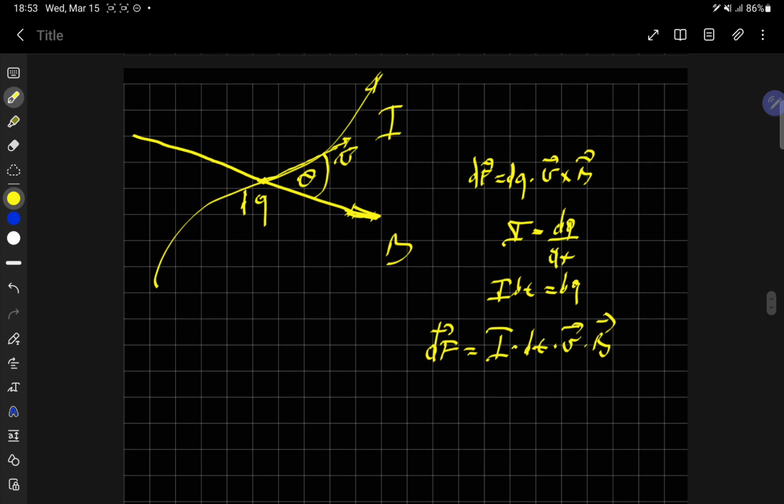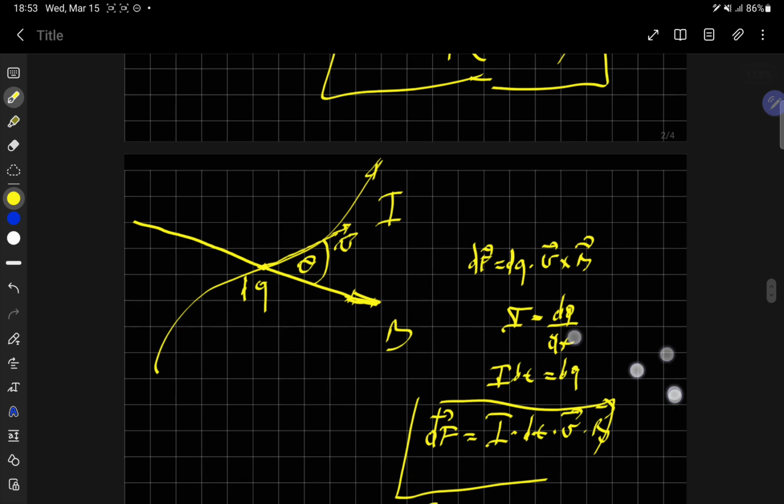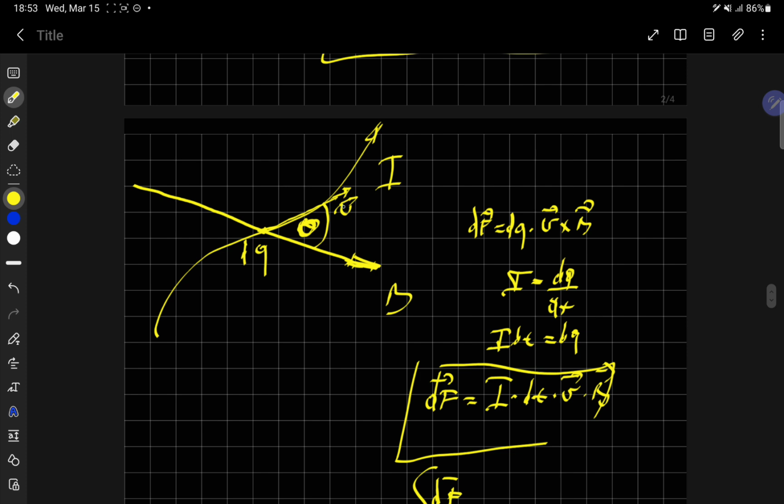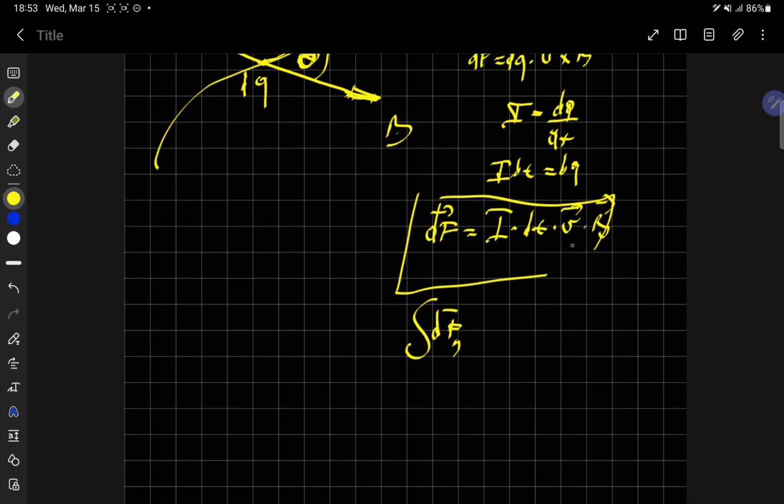Now, if we want to calculate the force on this wire, we need to integrate this, and this can be quite tricky, because we have an angle between the magnetic field and the velocity of this charge.